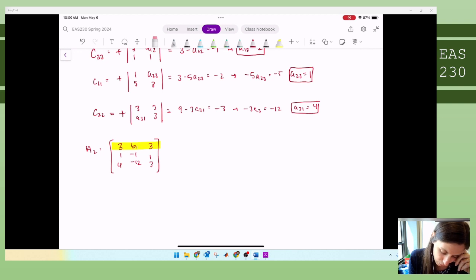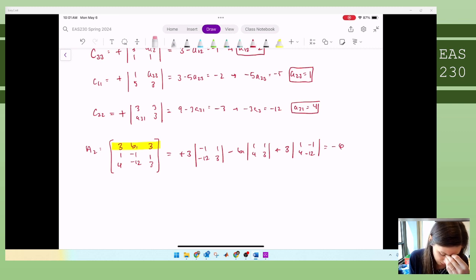So it's going to be plus 3 times this matrix, negative 1, negative 12, 1, 3, minus b1 times this matrix, 1, 4, 1, 3, plus 3 times this matrix, 1, 4, negative 1, negative 12. And that should equal negative 6. So that means I have 3 times negative 3 minus negative 12, minus b1 times 3 minus 4, plus 3 times negative 12 minus negative 4, equals negative 6.